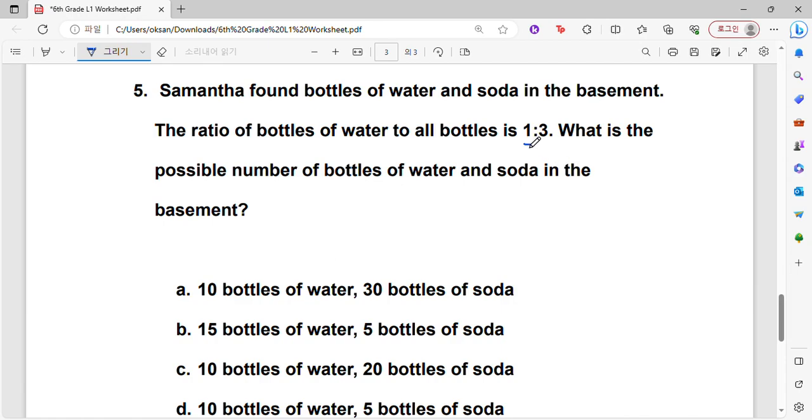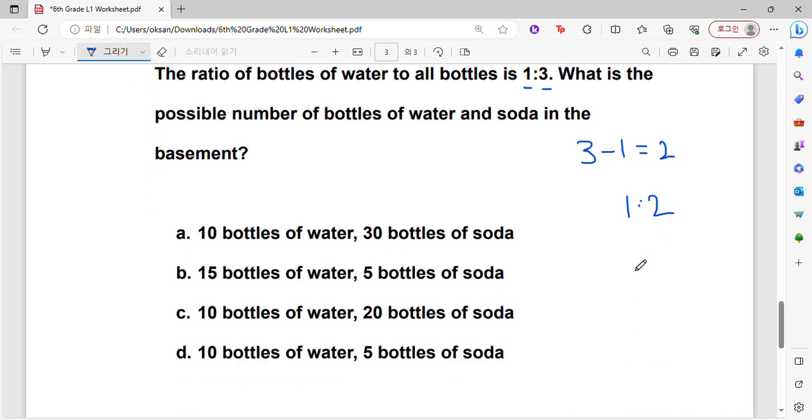So 1 would be the bottles of water, and then 3 would be all bottles. In order to find the soda, then, we would do 3 minus 1 is 2. So 1 to 2 would have to be the ratio.